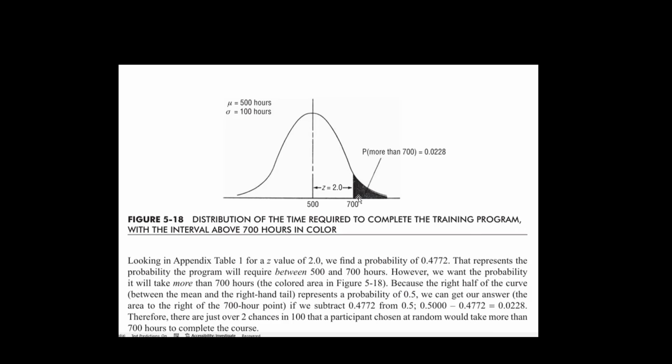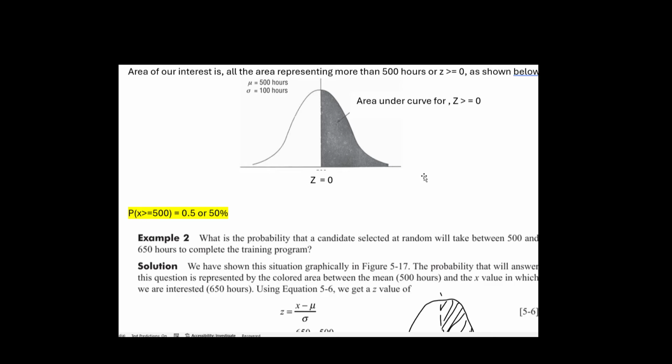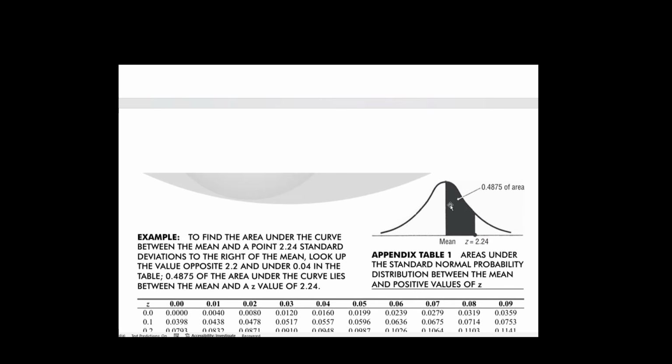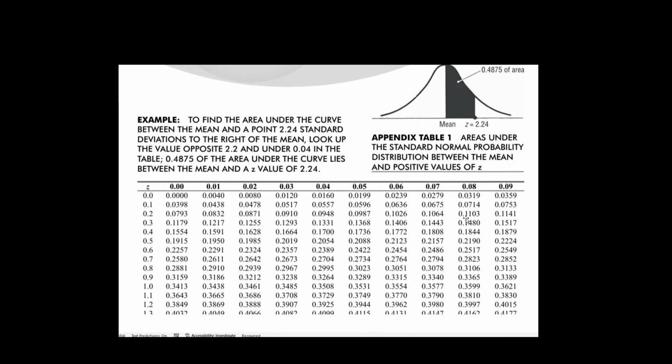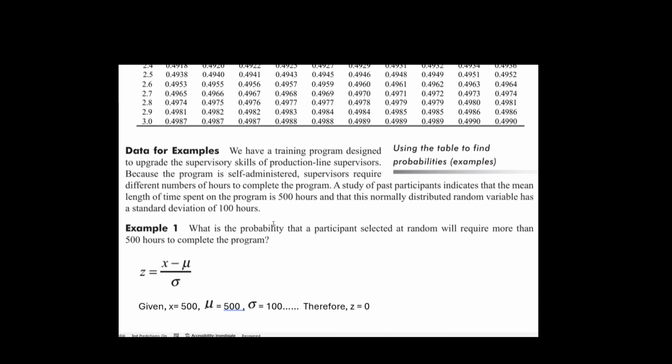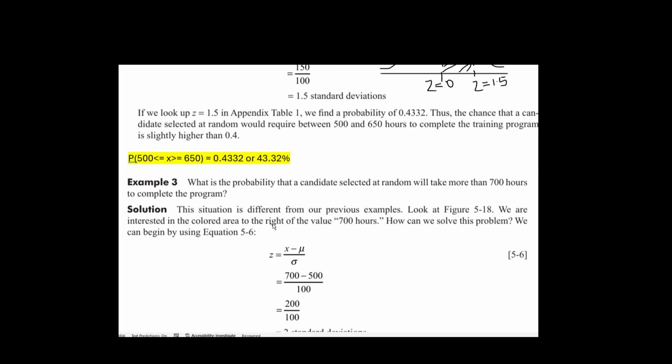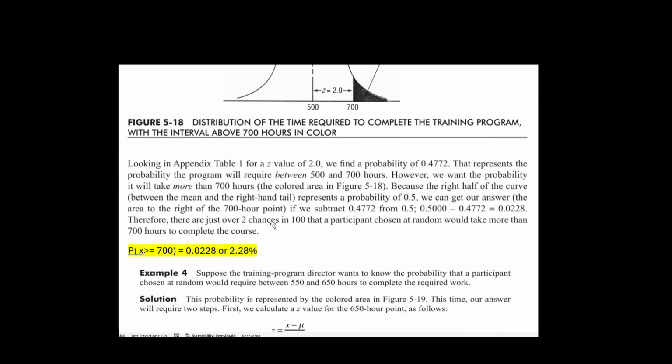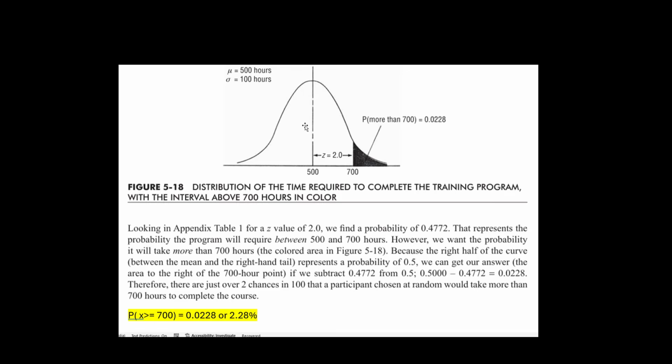When we go to the table, Z equal to 2 gives an area of 0.4772. This is the area between Z equal to 0 and Z equal to 2, and we want the area outside Z equal to 2. So we need to subtract 0.4772 from the entire half area, which is 0.5.